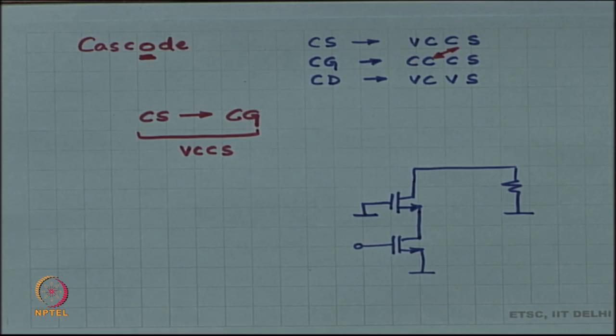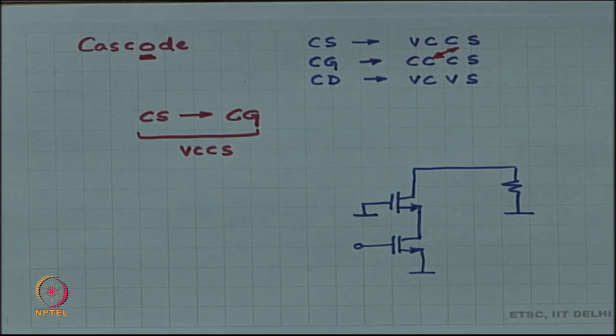Okay. So, the thought process is that if I have a common gate structure following a common source structure, then maybe I would have made a better current source, a better controlled current source. All right.